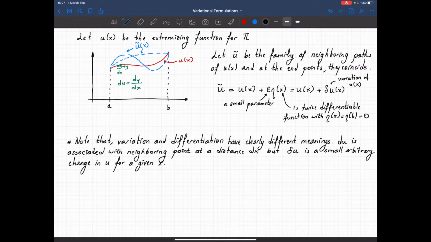Now the properties of variation, let's also very briefly discuss that. Let's say that I have a function u square and I want to take the variation of it. The variation of u square will be equal to 2 times u multiplied by the variation in u. Let's say that I have u plus v.